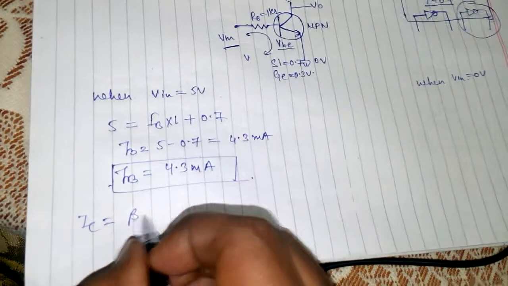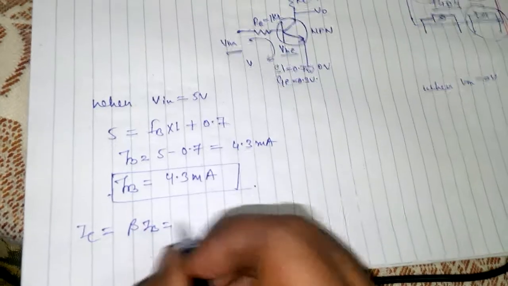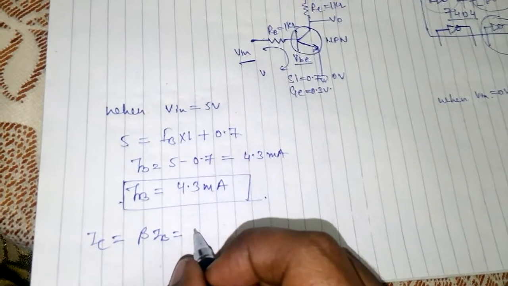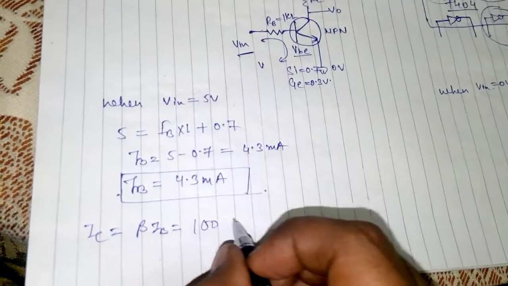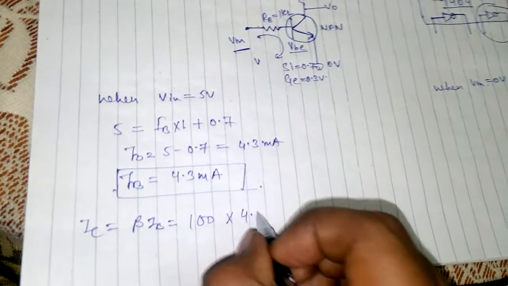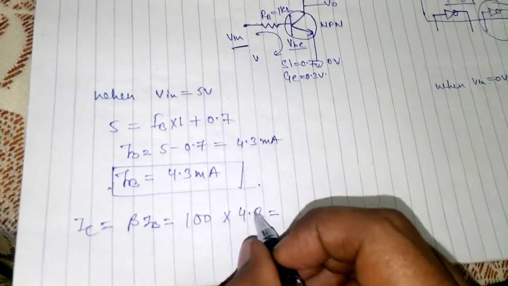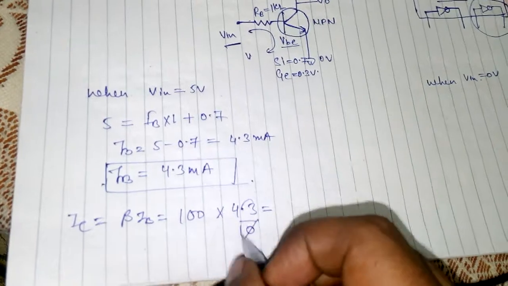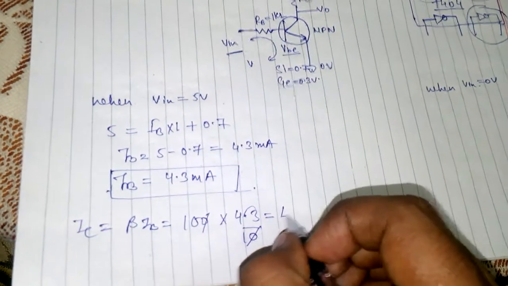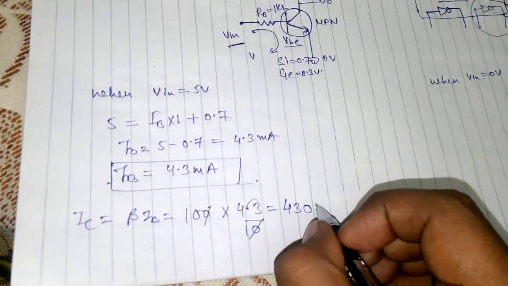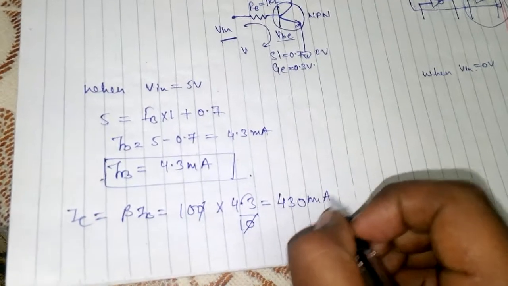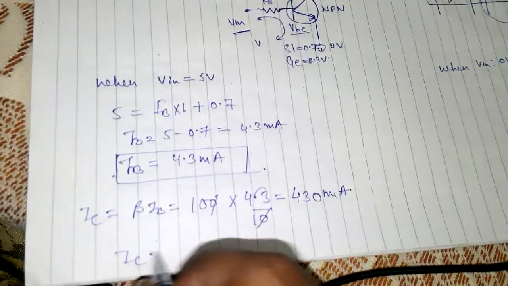According to the relation IC equals beta times IB, if we assume that the beta of this transistor is 100, multiplied with 4.3, we get 430 milliampere, which is too high.